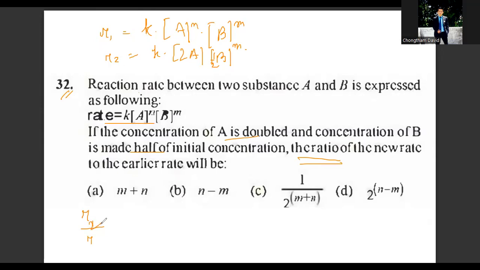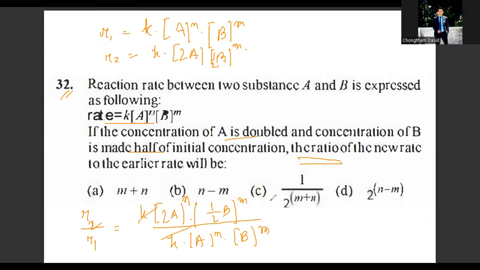New rate should be rate 2, earlier should be rate 1, and you simply substitute the values: k, twice A into half of B, with the respective powers n and m, divided by k, A to the power n, B to the power m.